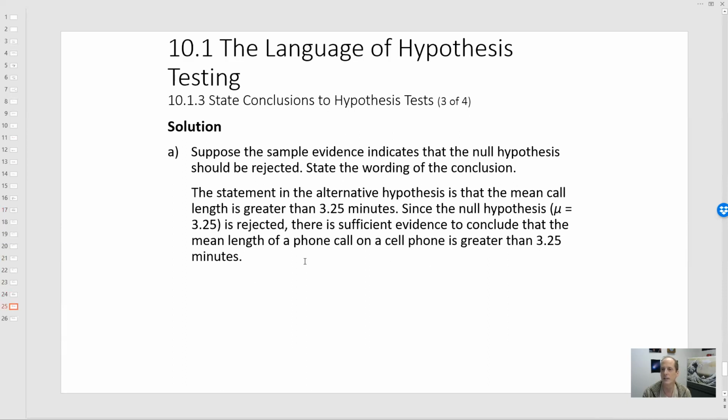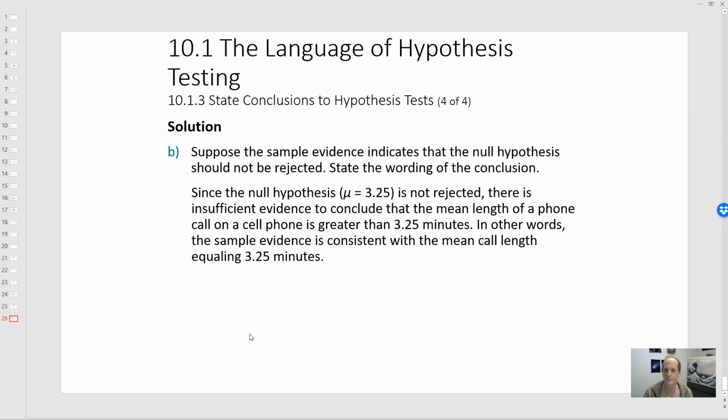Now what's missing here is the level of significance. So we need to tie alpha into this statement. We would say that there is evidence at the alpha equals 0.05 level of significance to conclude that the mean length of a phone call on a cell phone is now greater than 3.25 minutes.